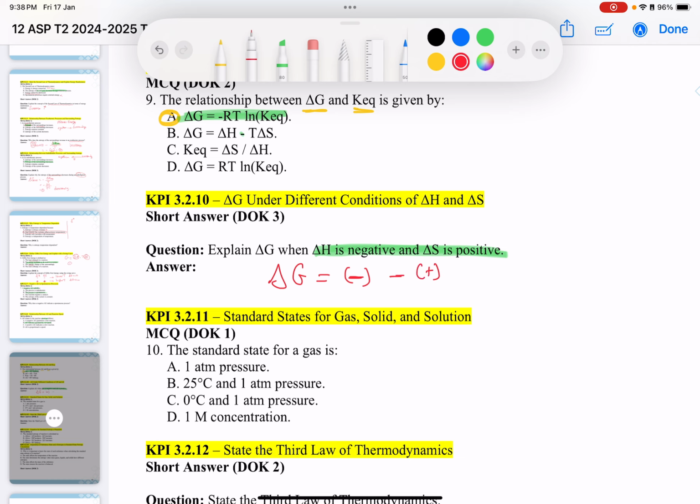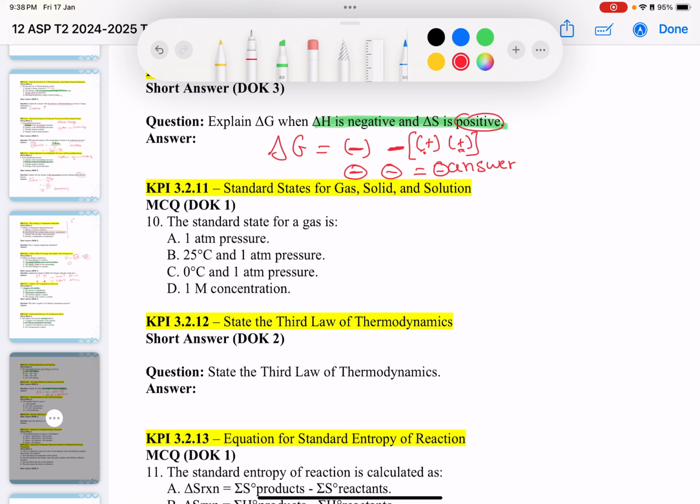Temperature is always positive, and delta S is positive. So when we multiply a negative by positive values, we get a negative value. A negative value plus another negative value will always be negative. So this is forever spontaneous.